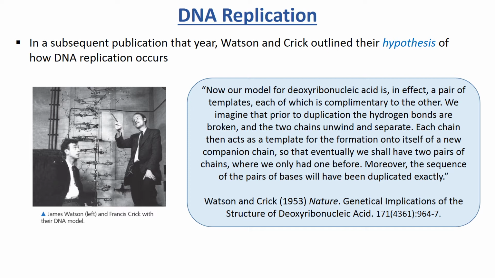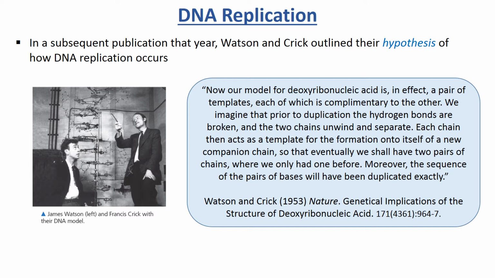In a subsequent publication that year, Watson and Crick outlined their hypothesis of how DNA replication occurs. Here they stated, "Now, our model for deoxyribonucleic acid is, in effect, a pair of templates, each of which is complementary to the other. We imagine that prior to duplication, the hydrogen bonds are broken, and the two chains unwind and separate.